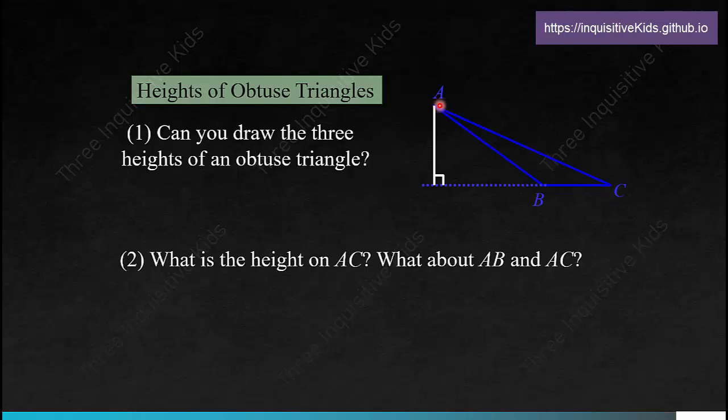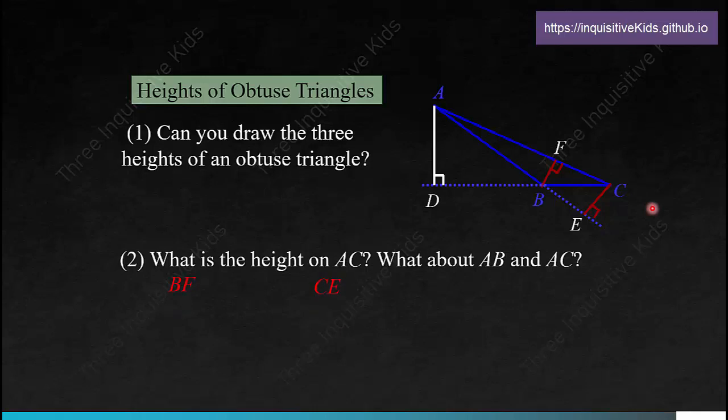Then we draw from point A to this extended line, making sure it forms a perpendicular angle, and label the intersection point D. Here's another height from B to the side AC, which intersect at F. Now if we extend AB a bit longer, vertex C has this perpendicular line at the extension of AB, intersecting at point E.